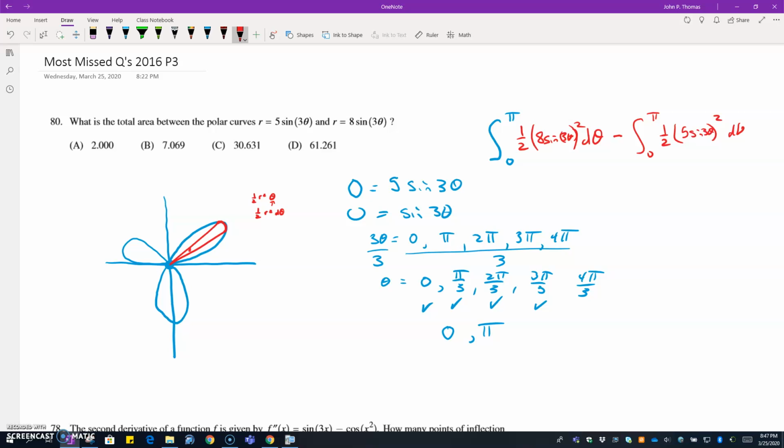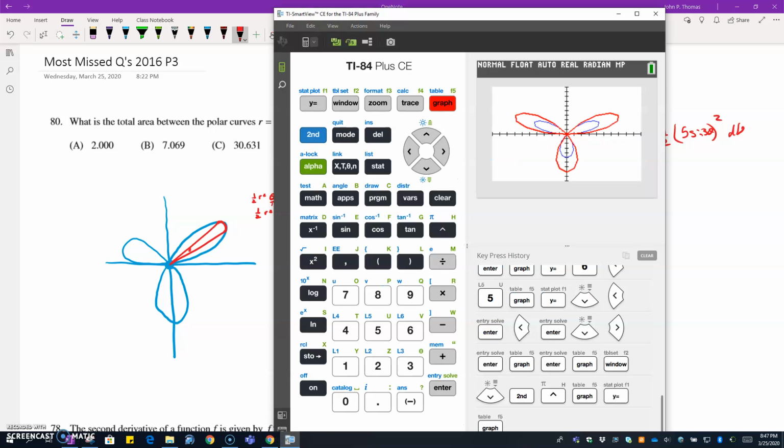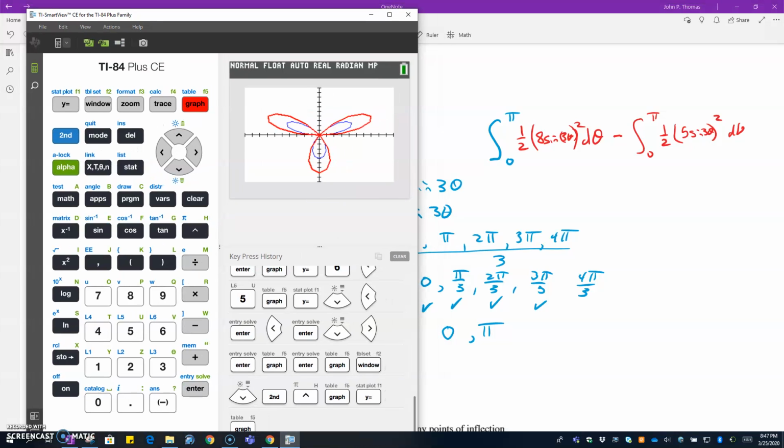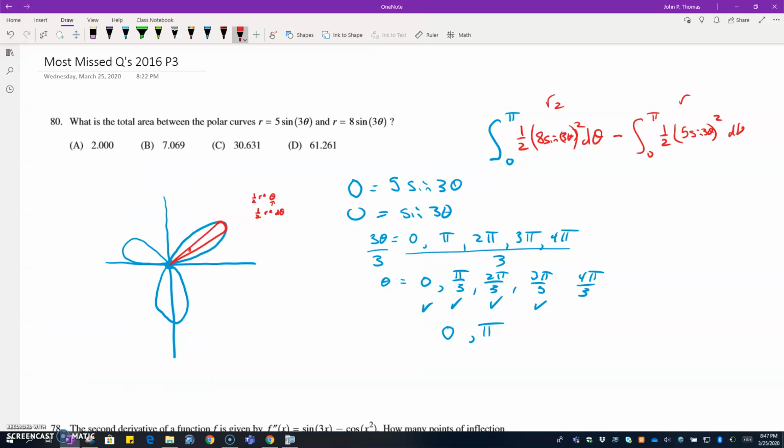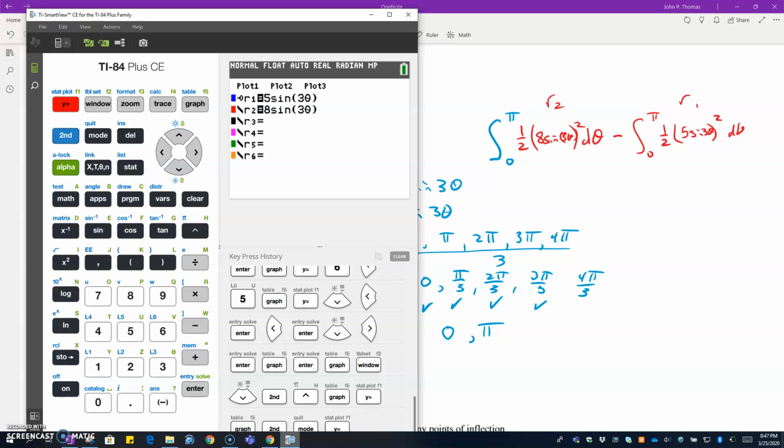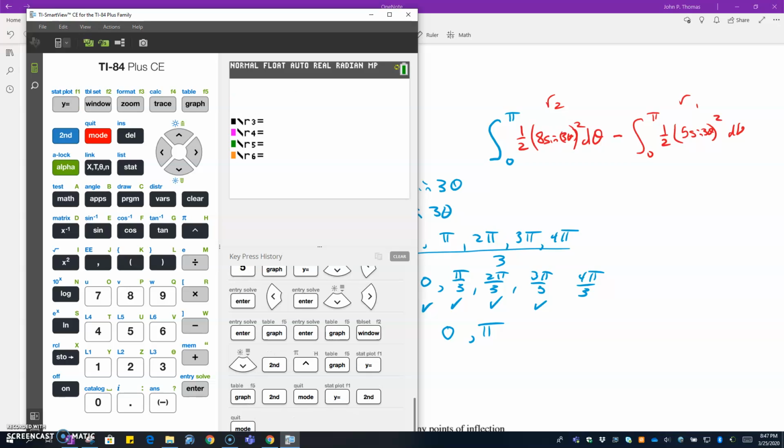Now, I could have done that as one integral if I wanted to. So now we're going to go to our calculator and get that information in there. I'm going to go to my home screen, and look at y equals, so this was my r2 and that one's my r1. So we'll quit out, hit math, and choose integral, which is 9.